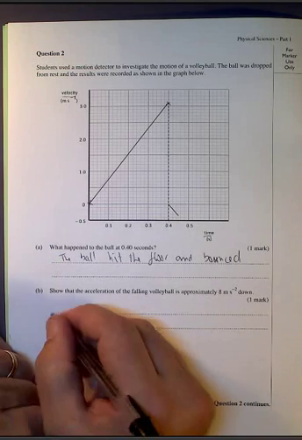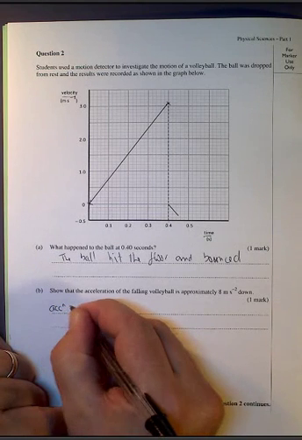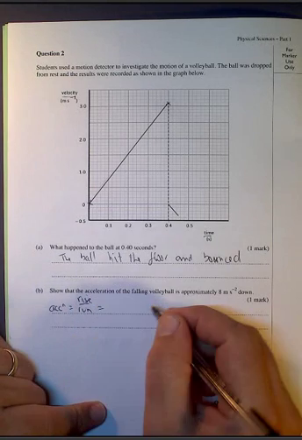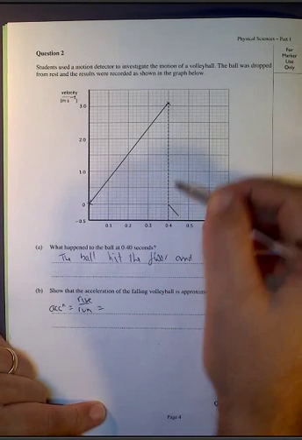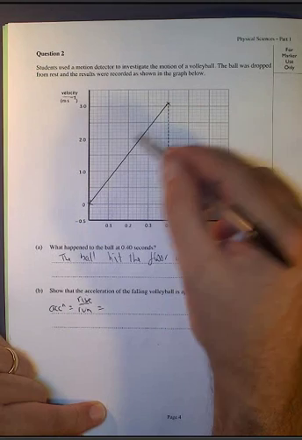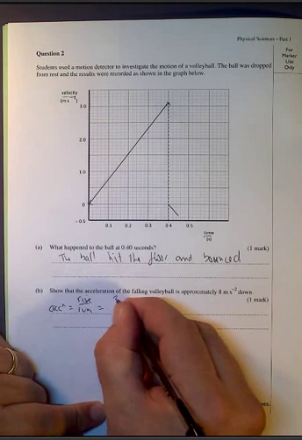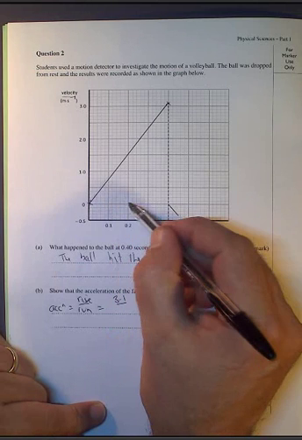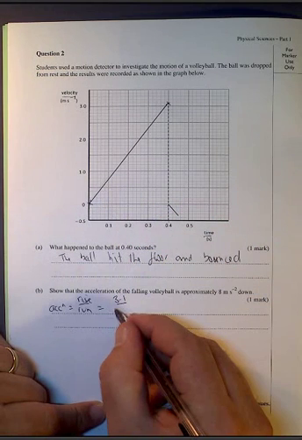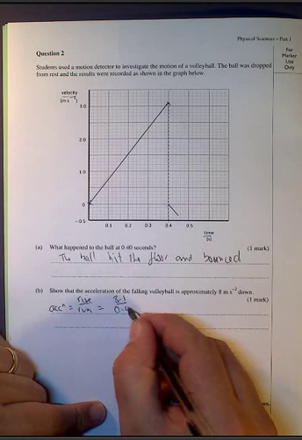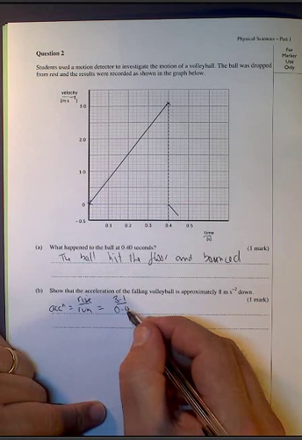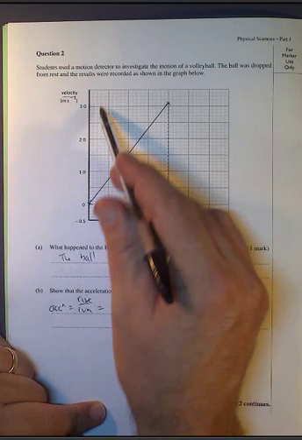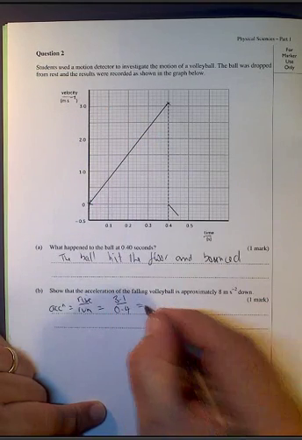The acceleration equals the rise over the run, which equals from 0 up to 3.1 over 0.4.